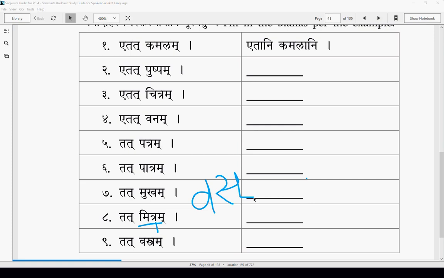The beginning consonant, is it wa or va? Va, like in water, it's always va. Vastram. Okay, thank you.